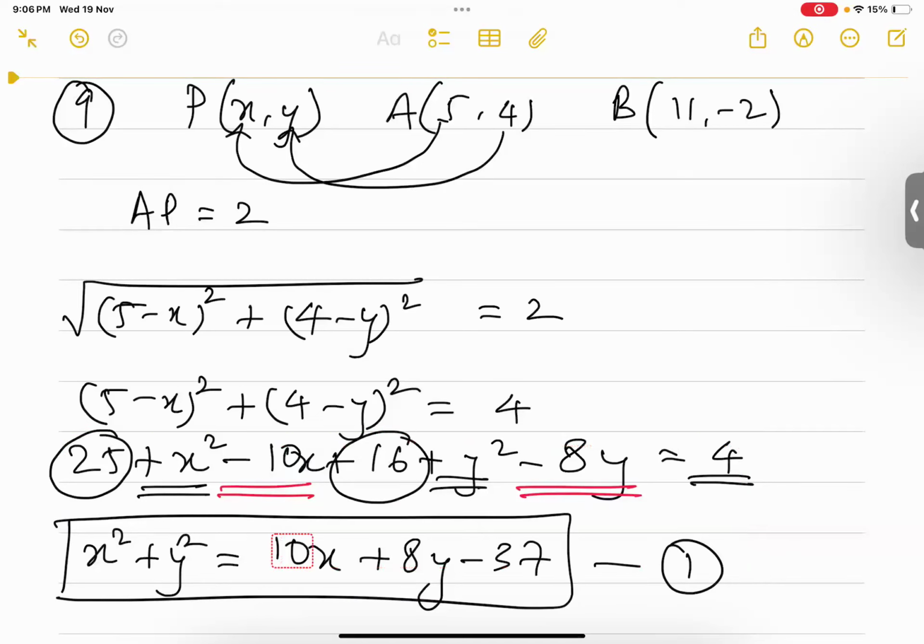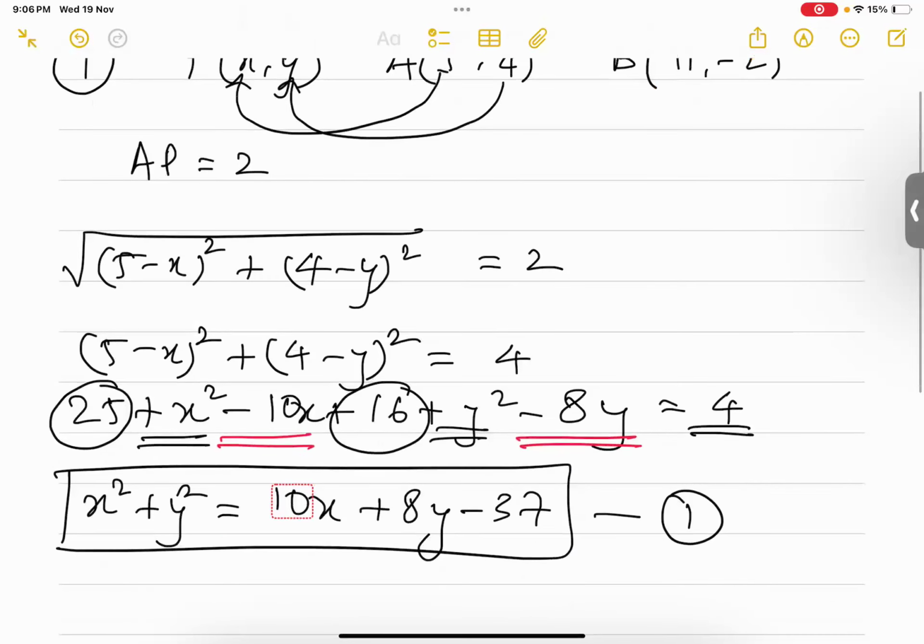The length of AP is equal to 2, it's given in the problem. Now I will start with the length of BP. Length of BP is equal to 10.